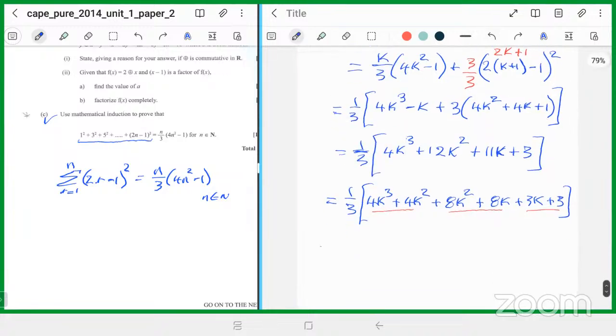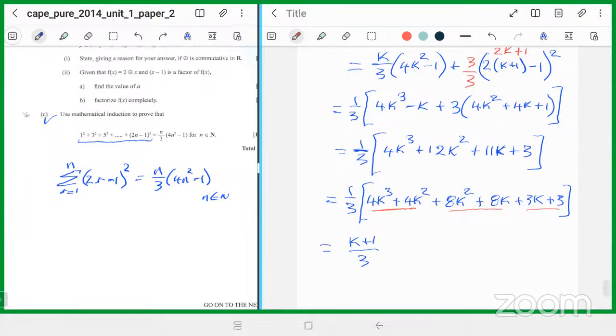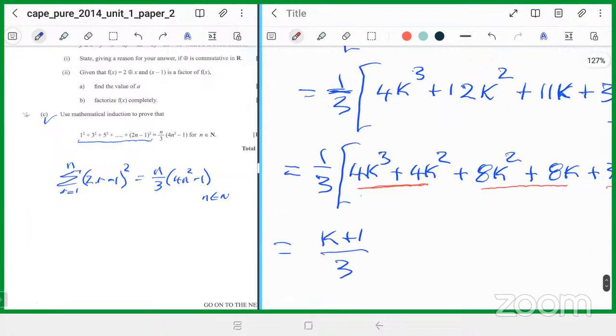So this becomes equal to k plus 1 over 3. Now look at this. If I factor k plus 1 out of this, I'll put it this way. This that I have underlined is the same as 4k squared into k plus 1. You can see that? This expression right here is the same as 4k squared into k plus 1.